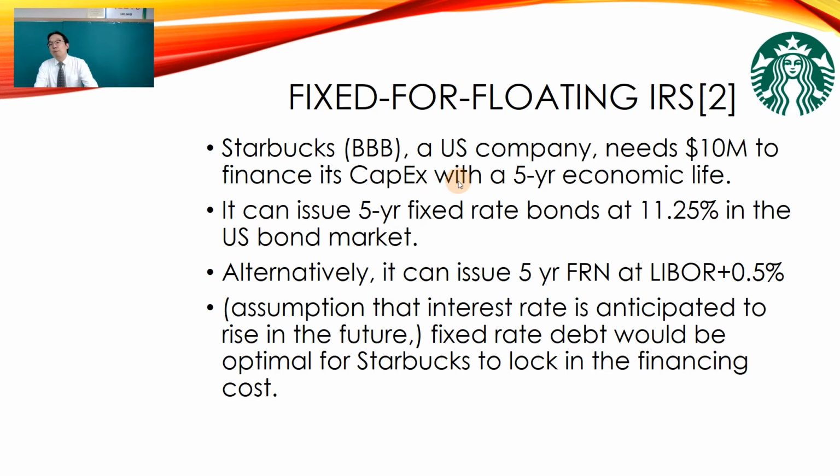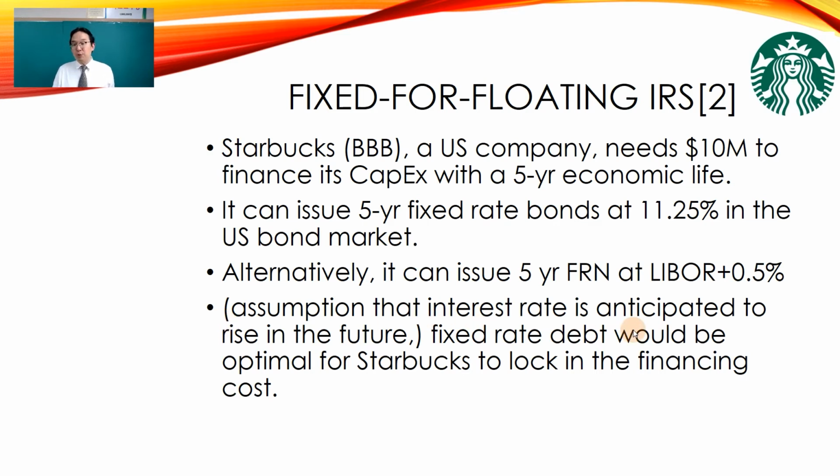It needs to raise $10 million US dollar to finance its capex, capital expenditure, with a 5-year economic life. It can issue 5-year fixed rate bonds at 11.25% in the US bond market. Alternatively, it can issue 5-year floating rate note at LIBOR plus 0.5 percentage point only, or LIBOR plus 50 basis points only.